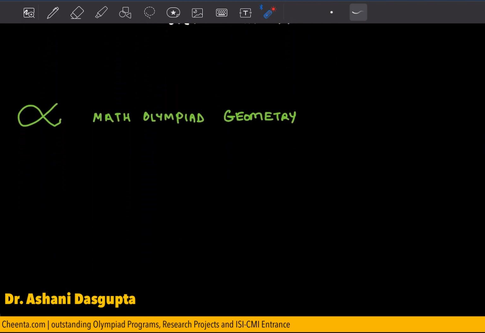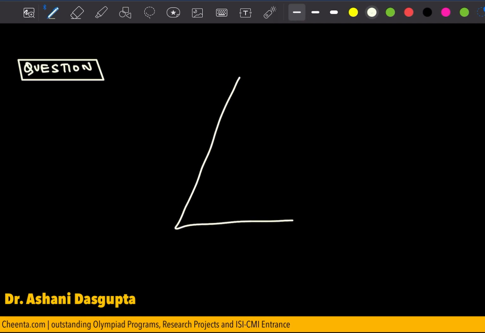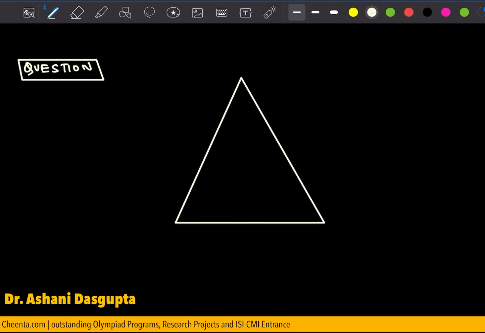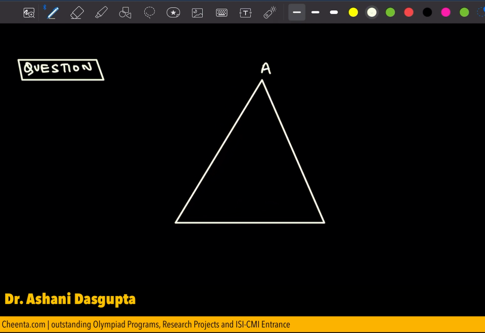Let's get started. So, what is the main question? This was asked by one of the students of Chinta in our WhatsApp groups. It says that suppose you have a triangle ABC, any triangle, and you draw a perpendicular from A to BC.